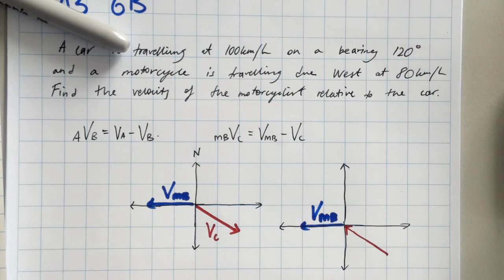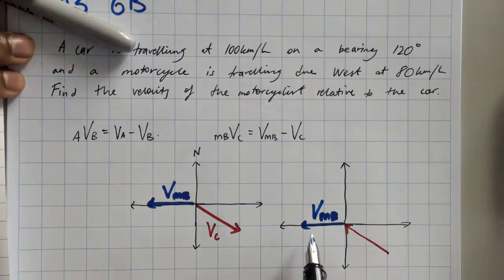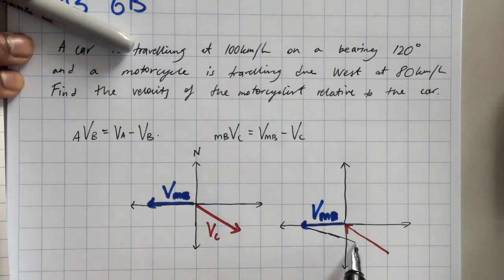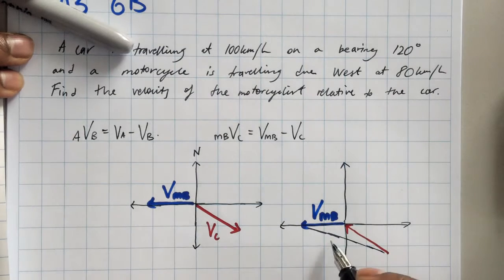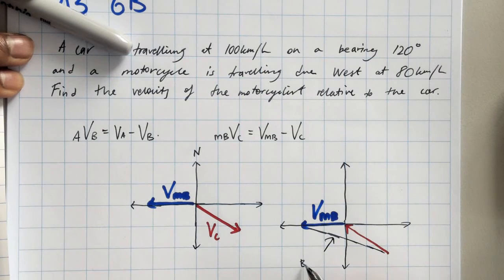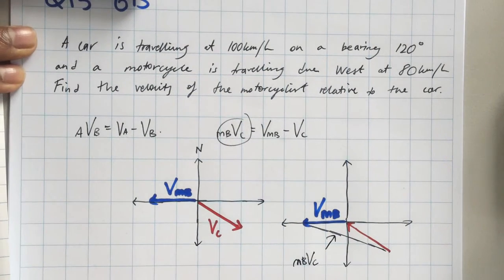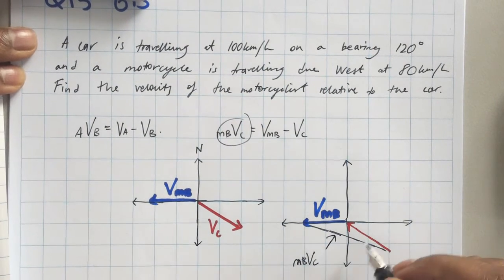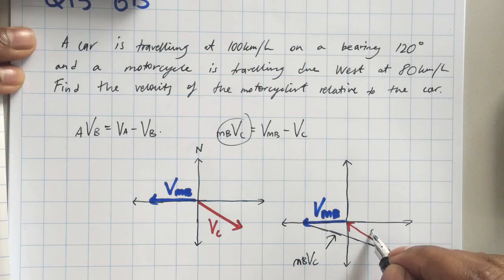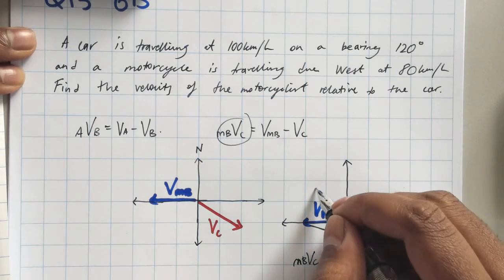So what we're trying to find is our resultant. So this guy here. Alright? Oh look, well I know that that's 80 there, and that's 100.